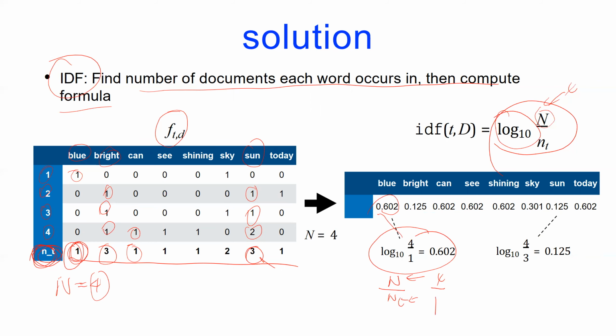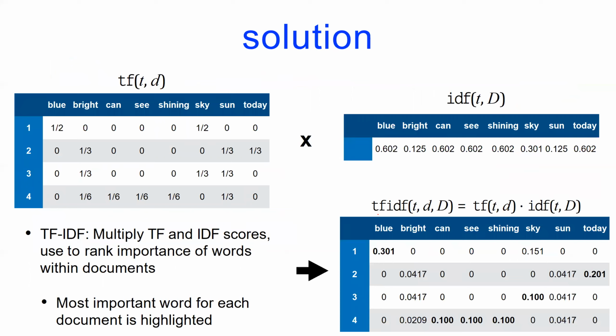Are we okay with all this? Then you multiply these two together, because we have a term frequency and an inverse document frequency. This measures two aspects. The first is how frequent a word is, how much you see a word appear in your document. At the same time, you also want the word to appear only in your document, but not in other documents. That is the second aspect.